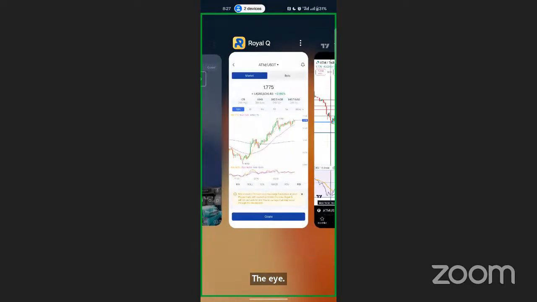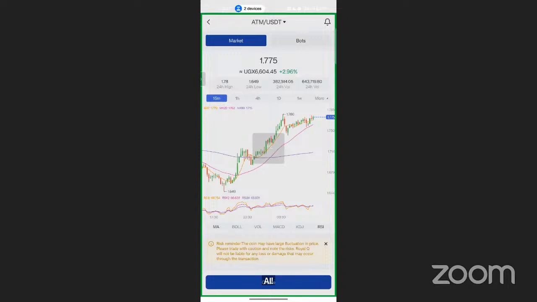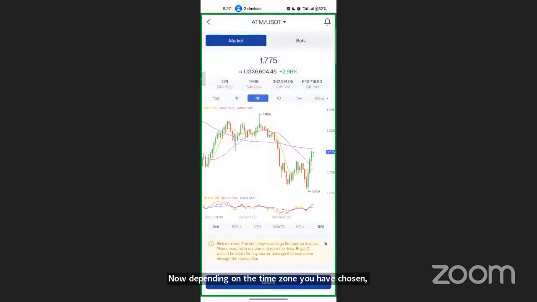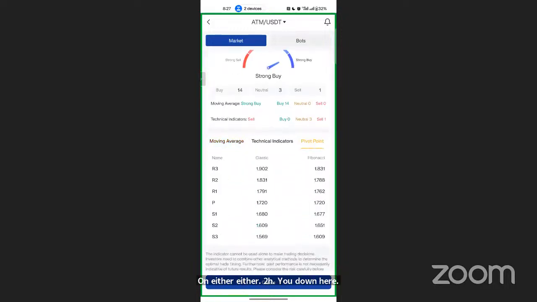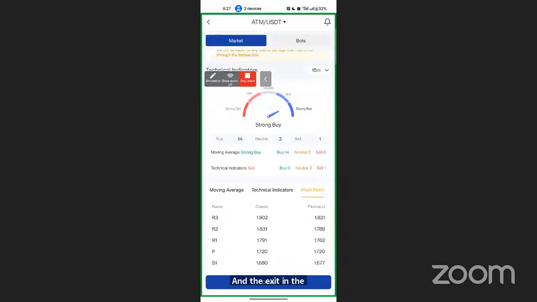Now, depending on the time zone you have chosen, either 4 hours or 2 hours, Royal Q down here has what we call pivot point. And we all see these are areas of entry and exit in the market on the time zone you have chosen.